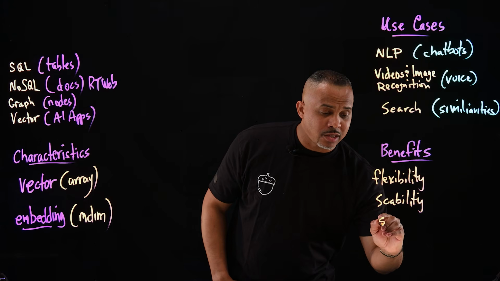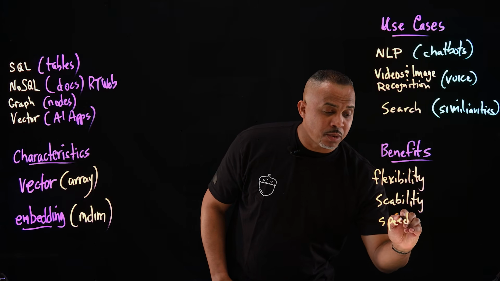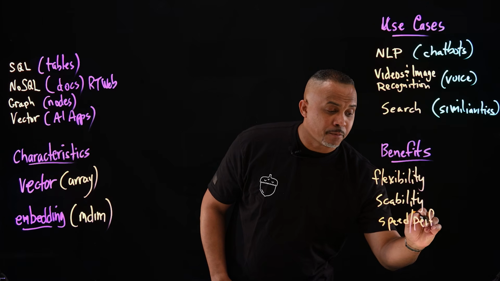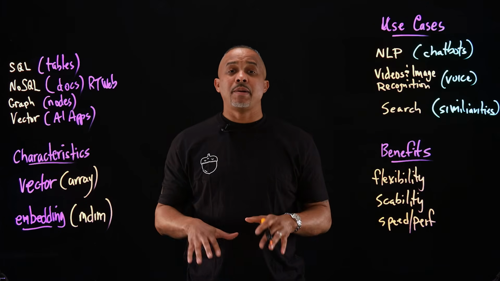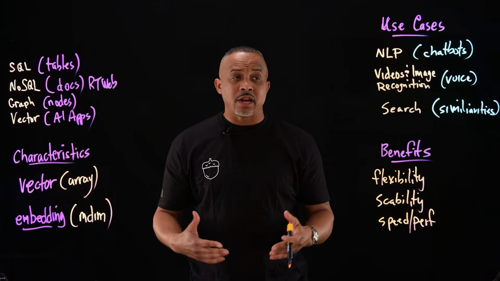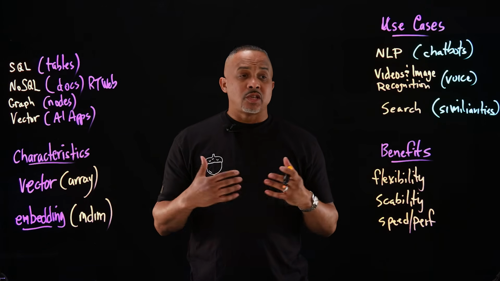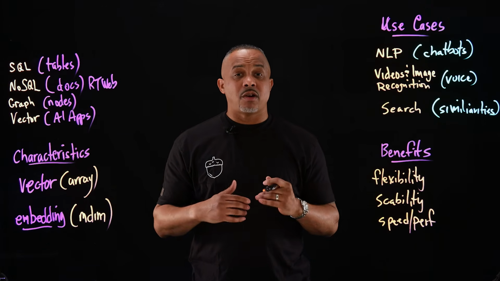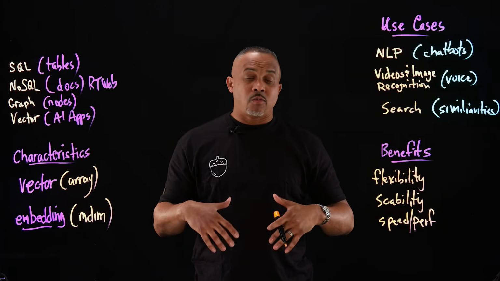And once that data is in, let's not forget the speed and performance of everything here. Being able to index a lot of these vectors, these embeddings, being able to query in a low latency mode. Since it's all in a numerical format, it's very easy to run queries.